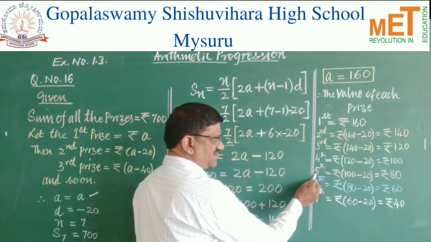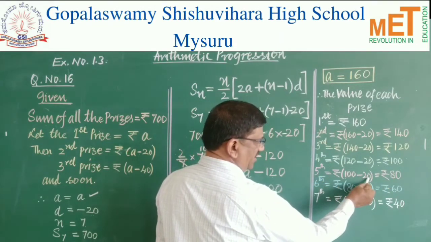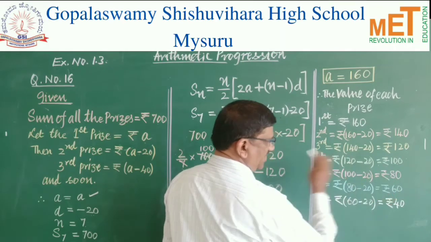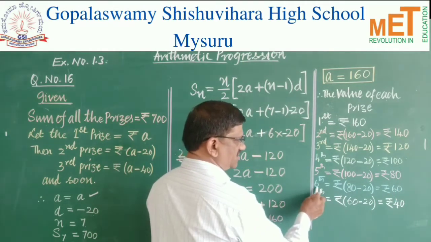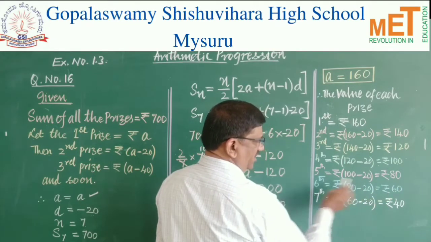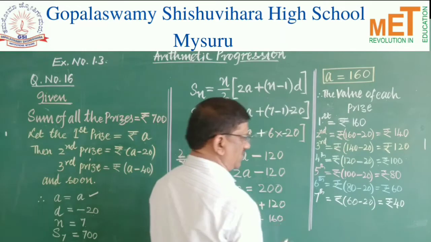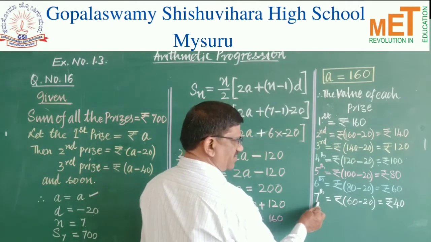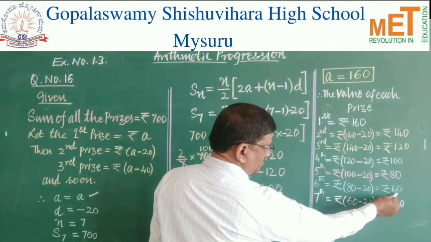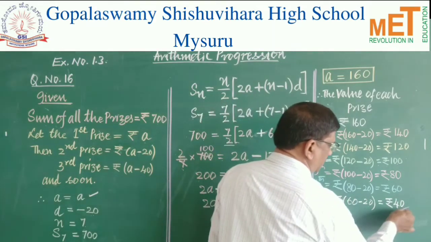The cost of the fifth prize is equal to 100 minus 20, which is equal to rupees 80. The sixth prize is rupees 80 minus 20, that is equal to rupees 60. And the last prize, that is the seventh prize, is equal to rupees 60 minus 20, which is equal to 40.